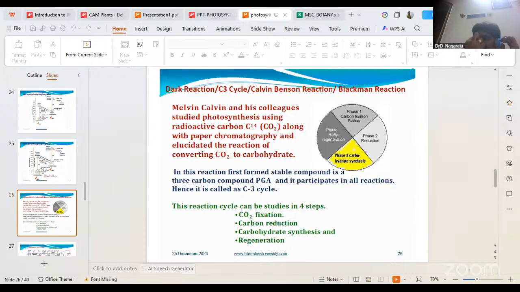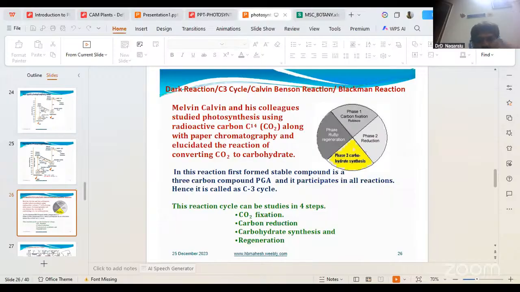Here in the C4 cycle there is no wastage of products. All product will be converted into glucose. That's why the C4 cycle is a highly productive cycle.